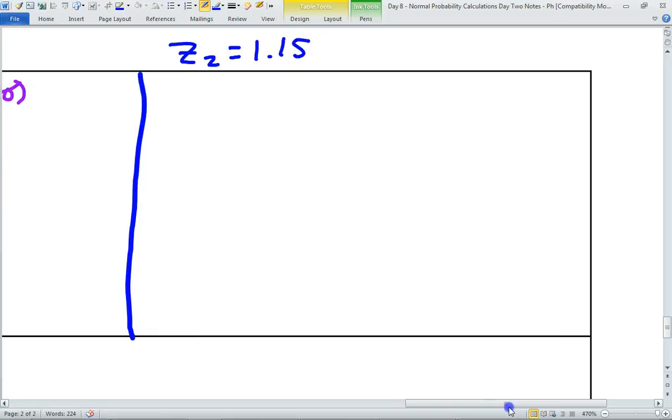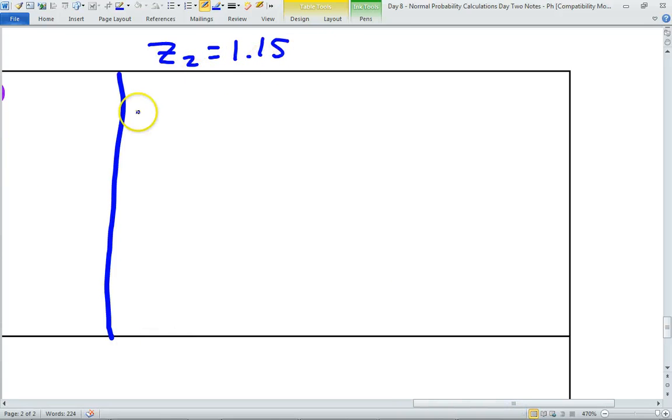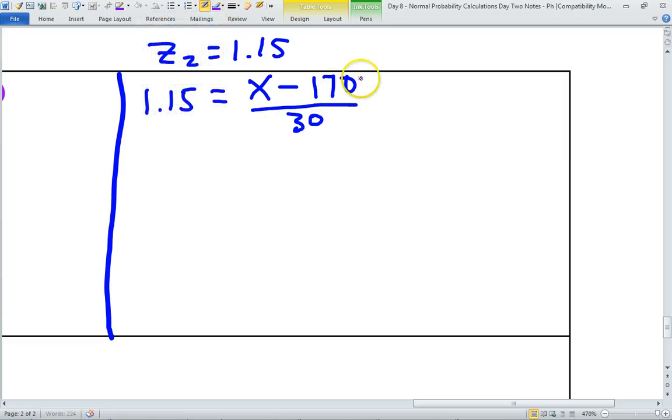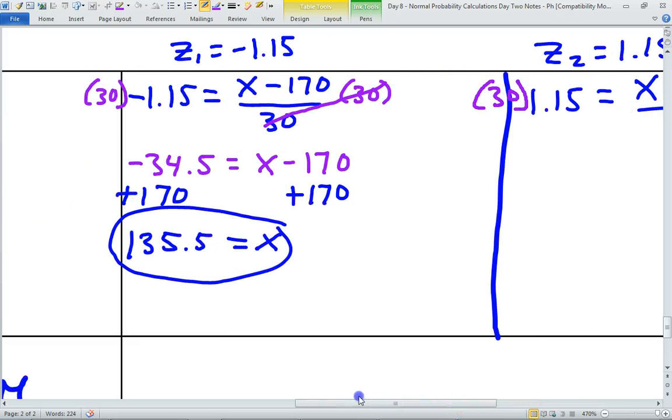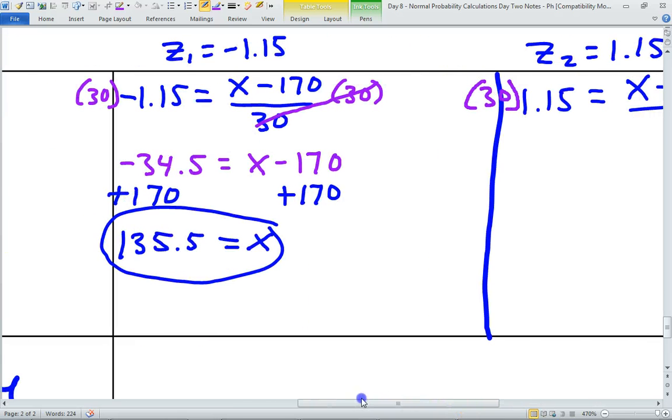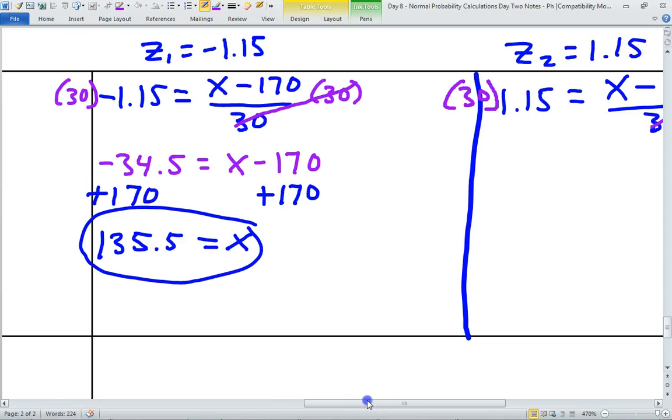Now let's do the same thing with the higher z-score. So 1.15, the z-score, will always equal the regular value minus the mean divided by the standard deviation. Once again, I need to multiply both sides by 30. That way these are going to cancel out. 30 times 1.15, well, when we did negative 1.15, we got negative 34.5. So this time it should be positive 34.5.